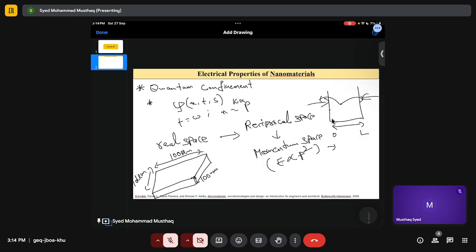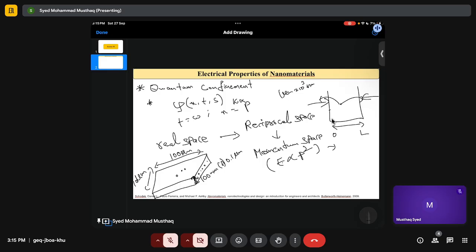Because 1 micrometer is equal to 10 to the power of 3 nanometers. Now I can say 0.1 micrometer. Because the space is very low, there are atoms above, below, and atoms in the bulk.